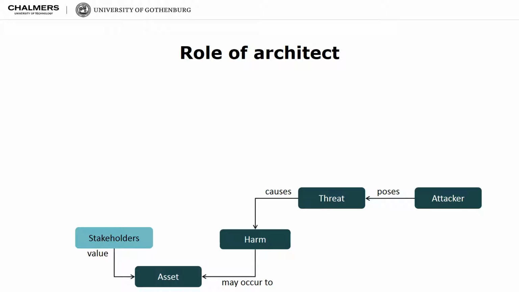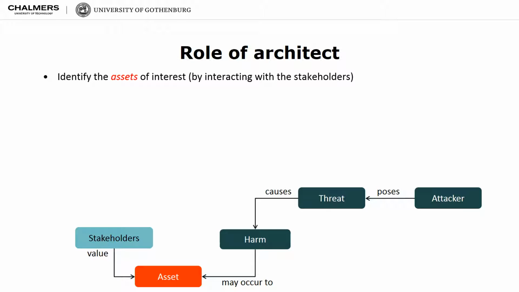So the role of the architect is to come up with a design that is immune to the security threats and therefore satisfies the security goals of interest. And in order to do that, they have to follow the following steps. First, they have to identify the assets of interest in a system, and this is done in a dialogue with the different stakeholders of the project.